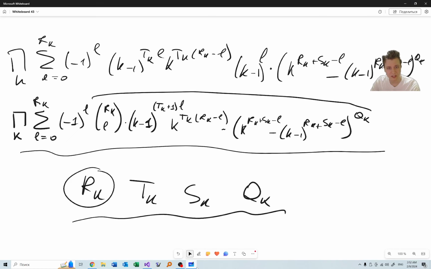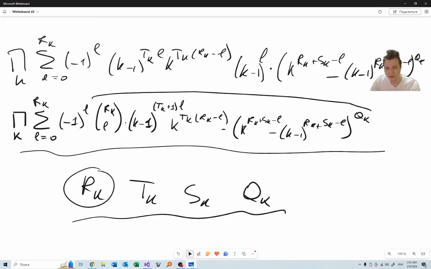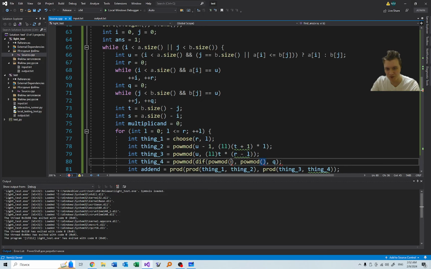Well, finally, this is harder. So this is power mod of something to the power q. And here we have the difference of two power mods. What is this difference of power mods? It's power mod of k minus power mod of k minus u minus 1 actually.